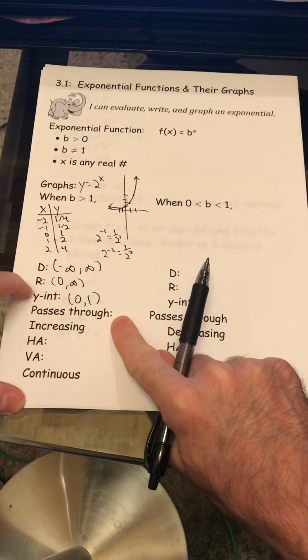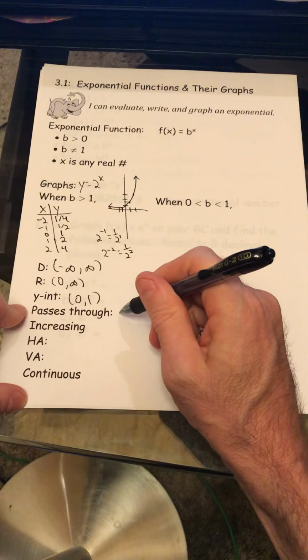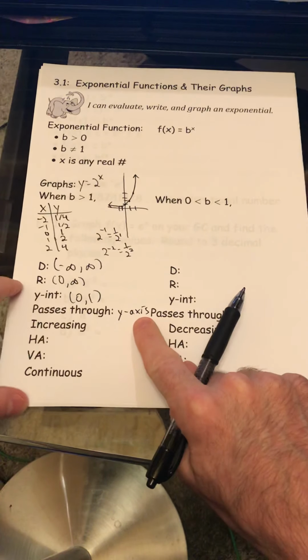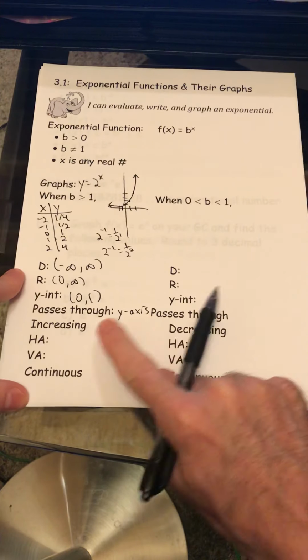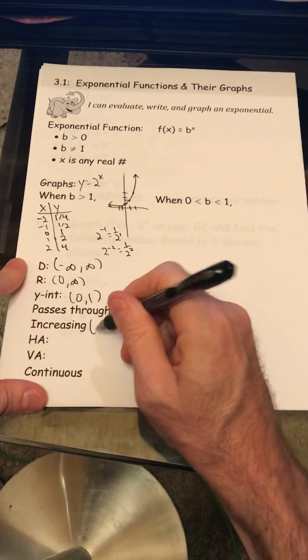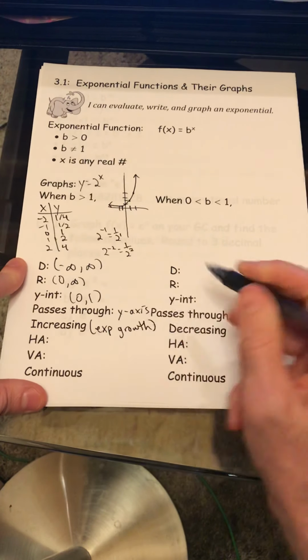It passes through, what this is referring to is the y-axis. When we get into logarithms as well, you'll see why we refer to that. It is an increasing graph from left to right, which means we also say it's exponential growth.